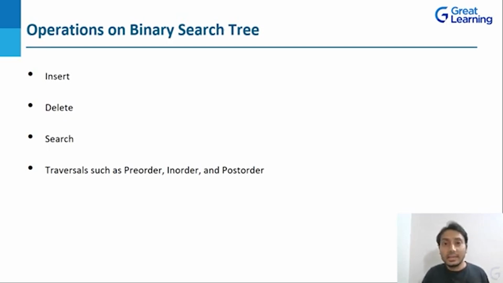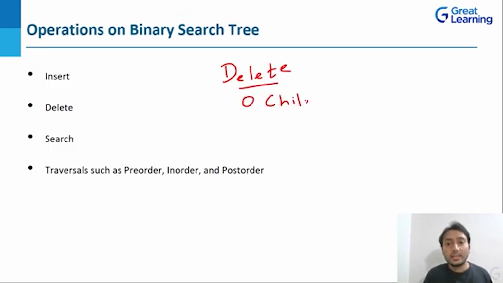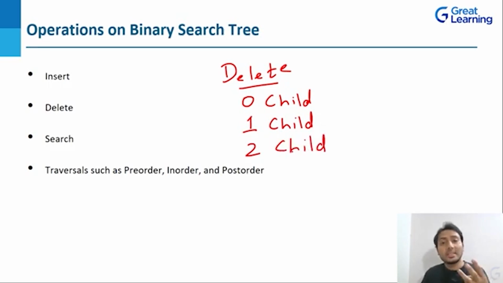Next operation is the delete. So here in delete, there are three scenarios. Let's see what they are. In delete, we'll come across zero children, then one child, and then it could be that you have two children. These are the three scenarios when you're trying to delete a particular node.